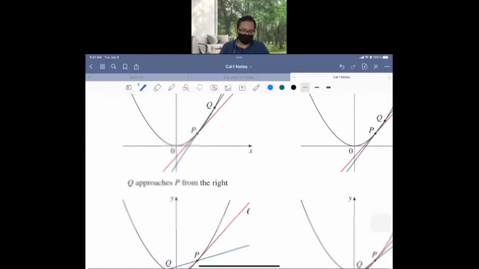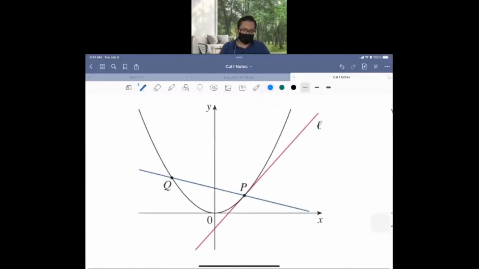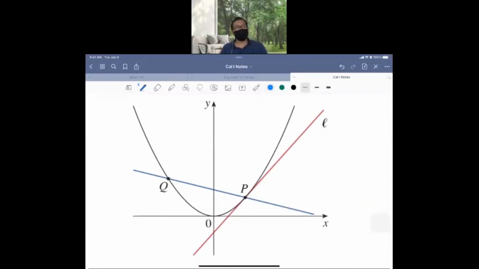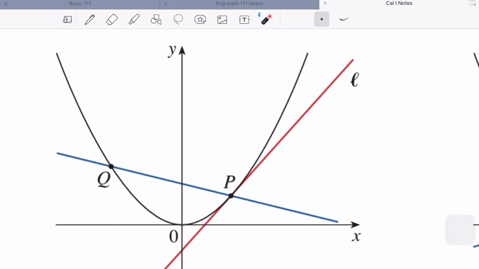Okay. Now, if we look the other way, maybe Q is from the left side. Seems very far, but when Q is getting closer to the P, we move. Okay, I think we can continue. I'm just changing the platform.